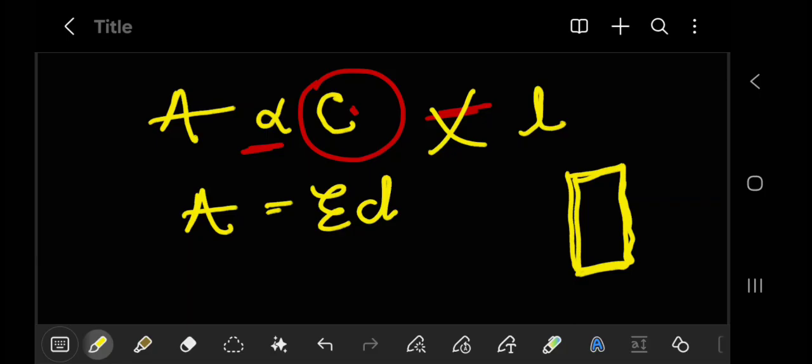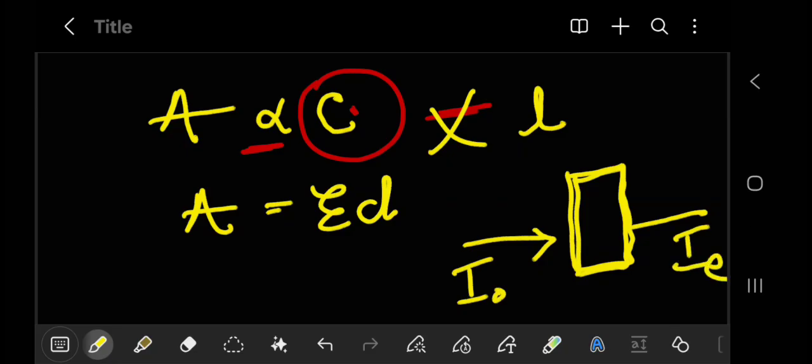If we have a sample like this, and this is incident light, this is emerging light, then the distance the light will travel within the sample is called the path length.